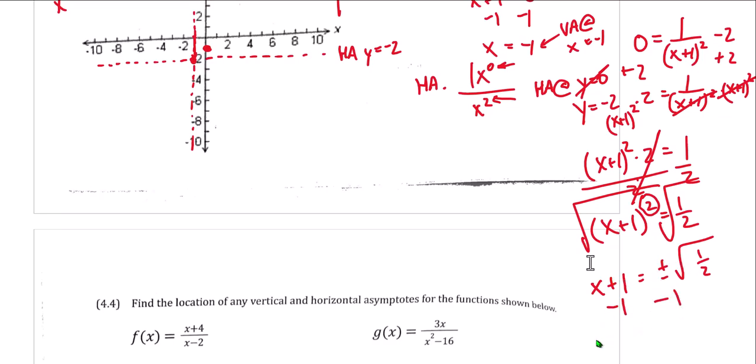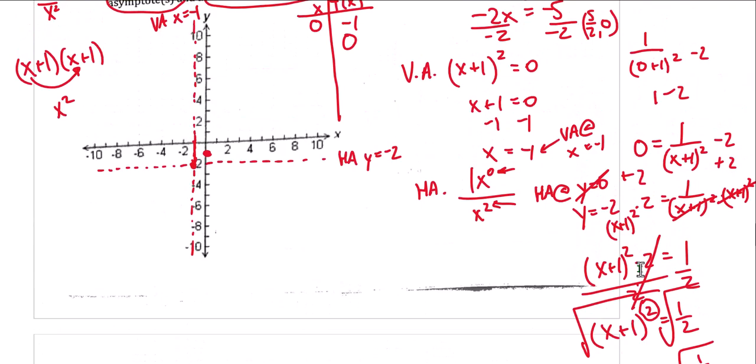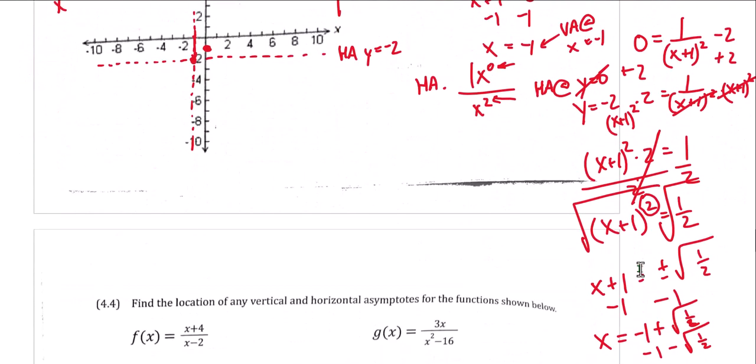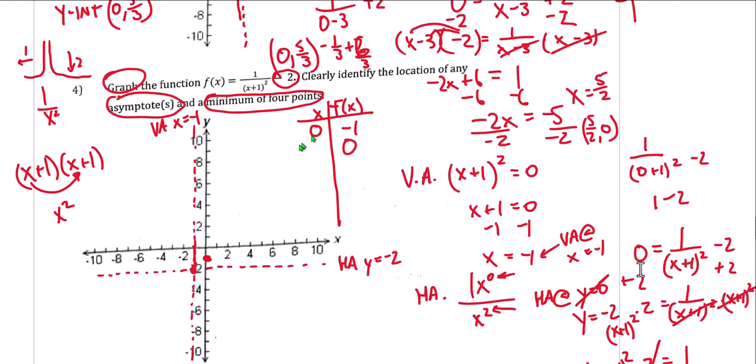Subtract 1, and I get that x could equal -1 plus the square root of 1/2 and -1 minus the square root of 1/2. So again, that did get a little ugly there, but that's okay. X could equal -1 plus the square root of 1/2 and -1 minus the square root of 1/2. Both of those will give us 0.